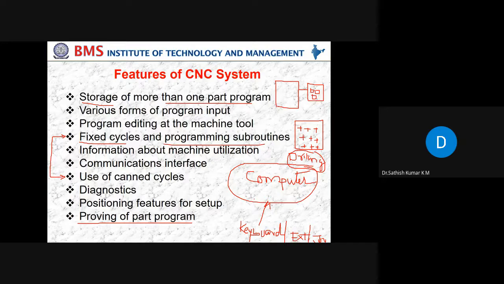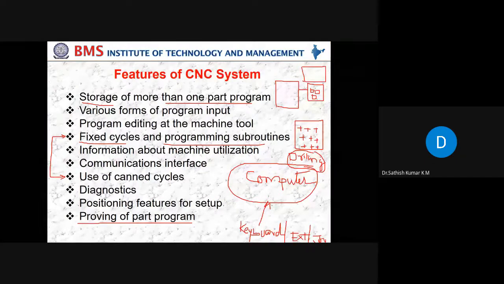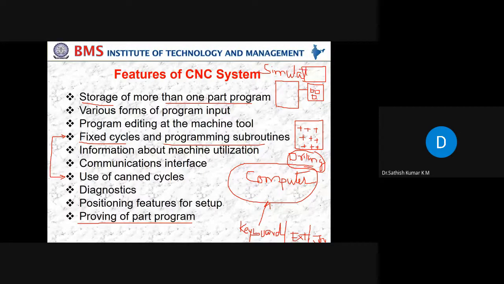Therefore, after the program has been done, you load it onto the control panel and run through the control. We have software here, and you can observe the simulation. Very important, please understand: you can observe how the actual machining is going to occur.